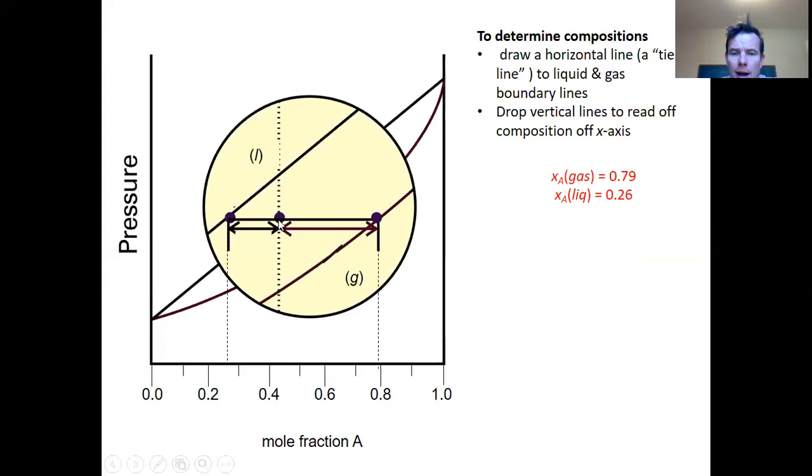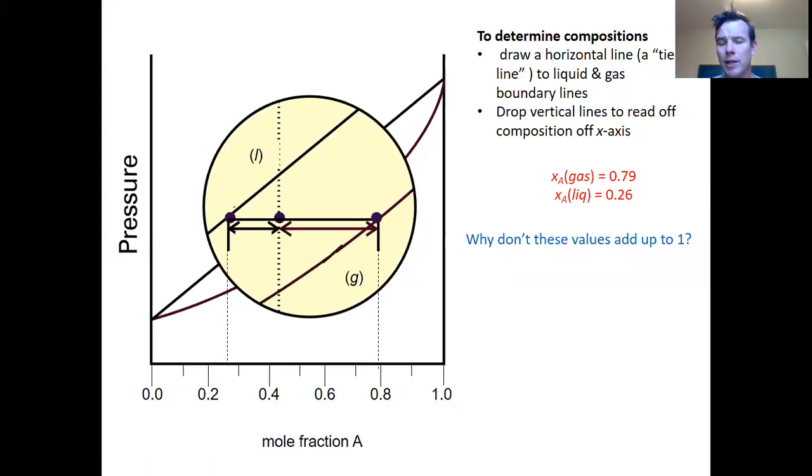So in this particular problem, if I was interested at this point, in the gas phase, I might have a system that is 0.79 A. I know this is the gas phase because this is the gas phase boundary. I drop down and I get 0.79. Similarly, if I go this way and I read down, I might be 0.26 A in the liquid. So 26% of the moles of the liquid phase are A.